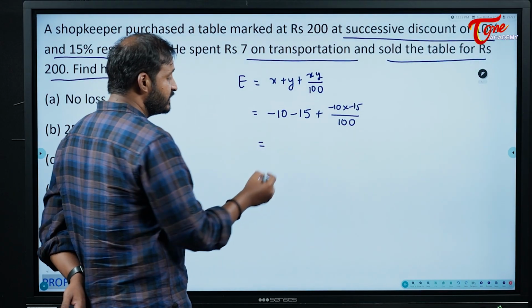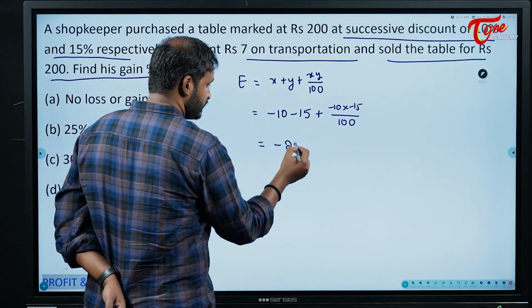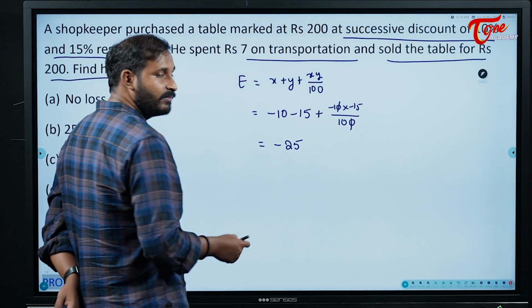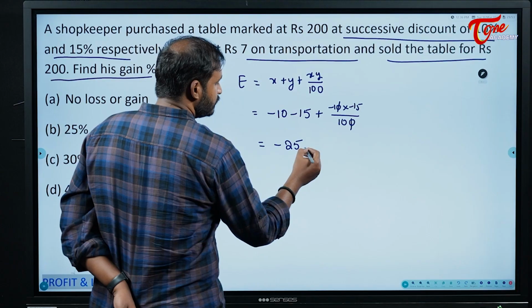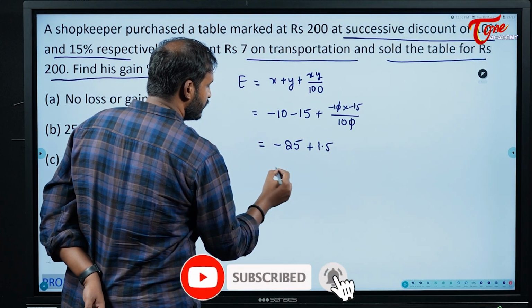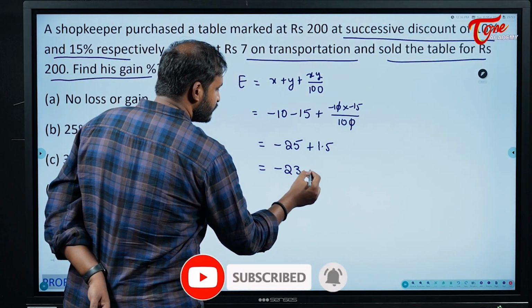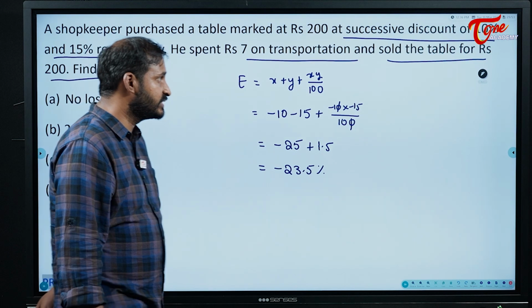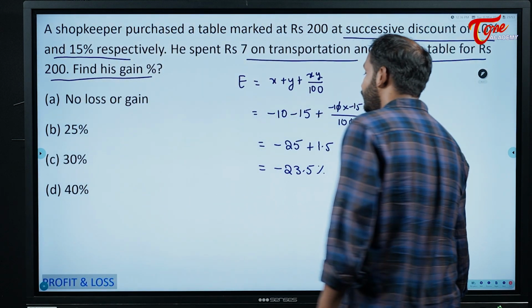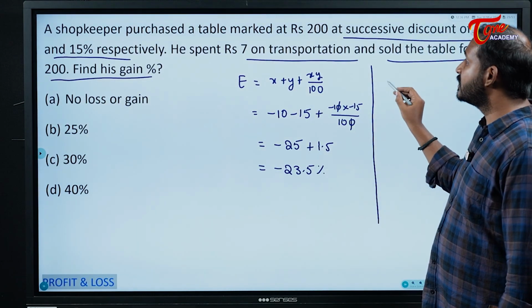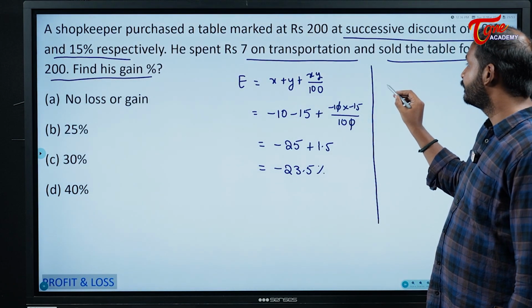Minus 10 and minus 15 is minus 25, and minus into minus is plus, so 150 by 100 gives plus 1.5. So overall you will get a minus 23.5% discount. That means the overall effective discount is minus 23.5. If it is marked 200 rupees, what is the cost price for the shopkeeper?